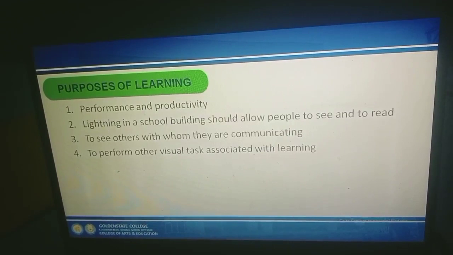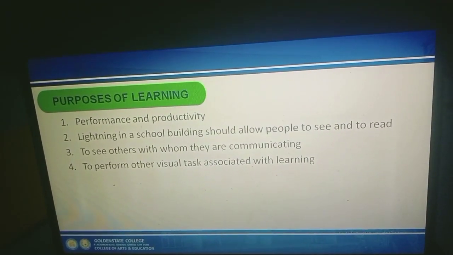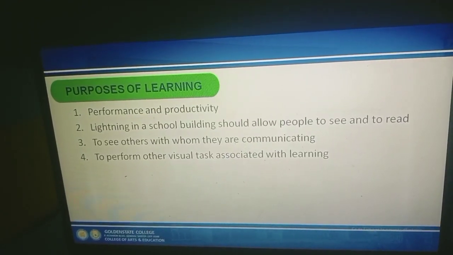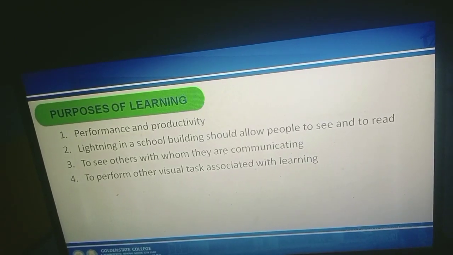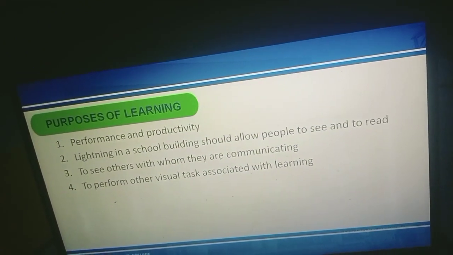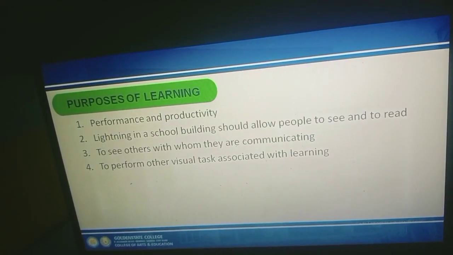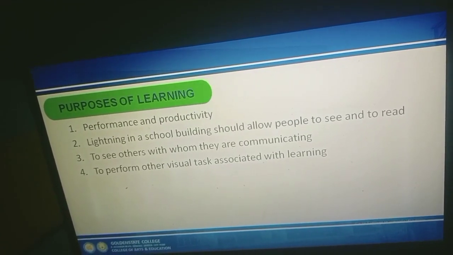Okay, let's proceed to the purpose of learning. Number one, performance and productivity. In this case, if your classroom has good management, the performance is better than what you expect.